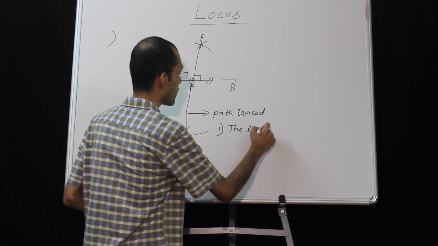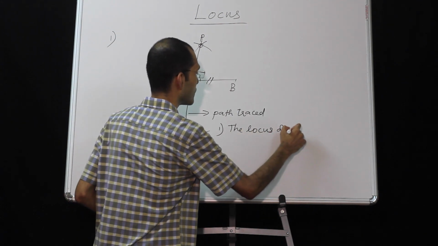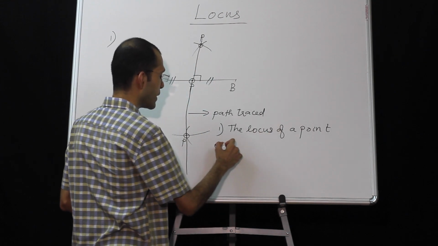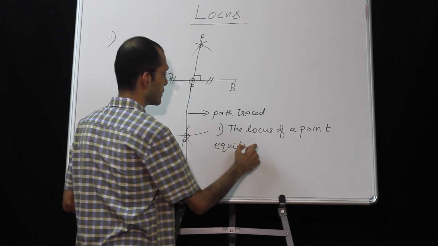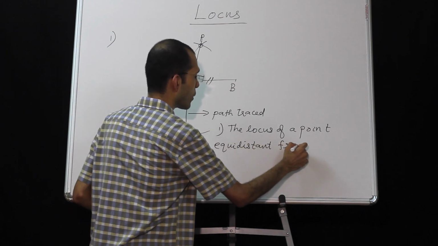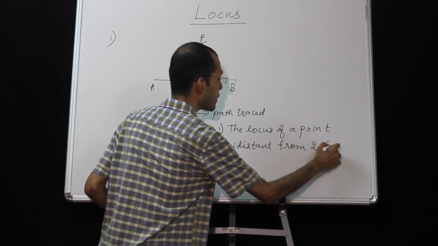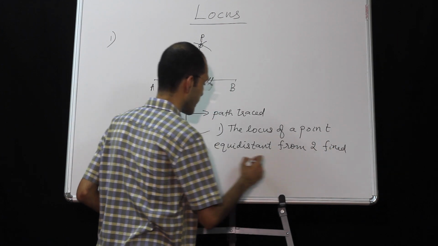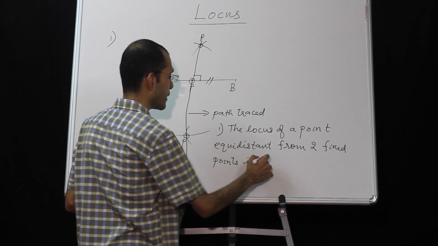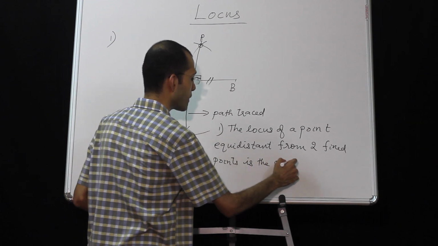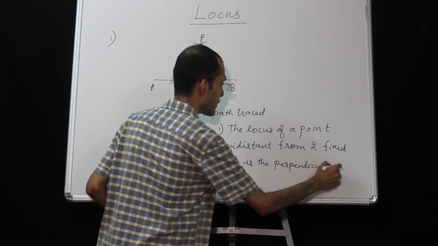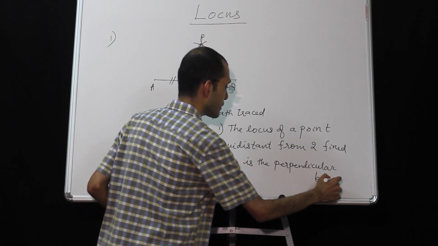The locus of a point equidistant from two fixed points is the perpendicular bisector.